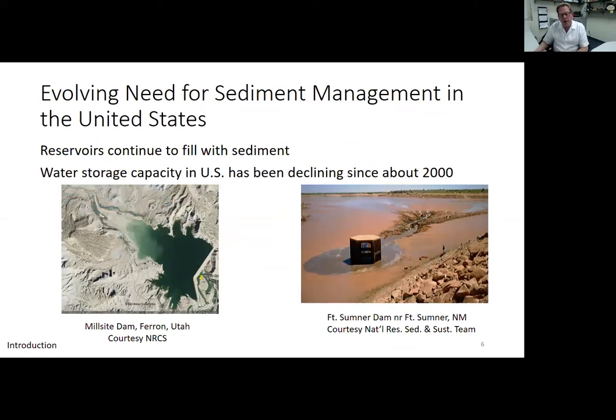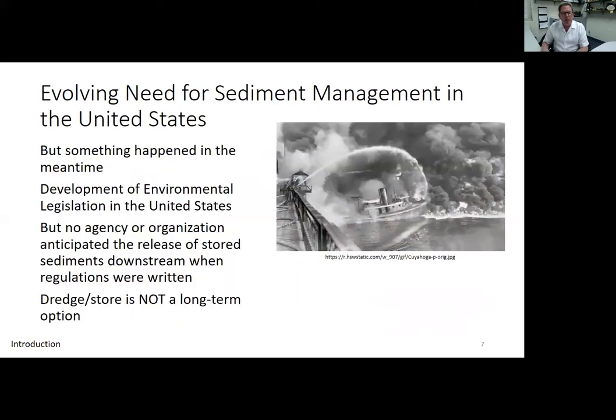Well, we would like to do the same kind of management techniques as have been developed elsewhere. But it's been interesting because in this interim period, a number of decades, something happened here in the meantime, and that is that we passed landmark environmental legislation.